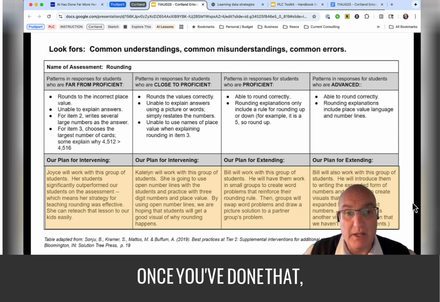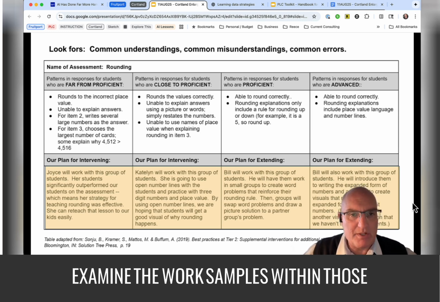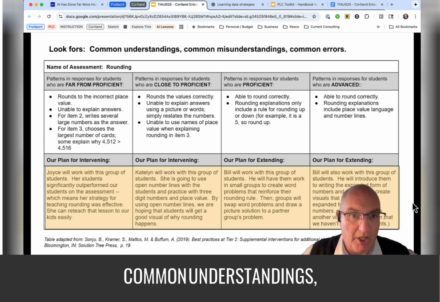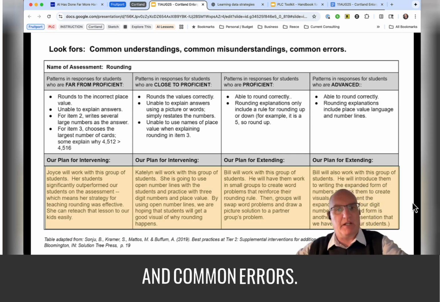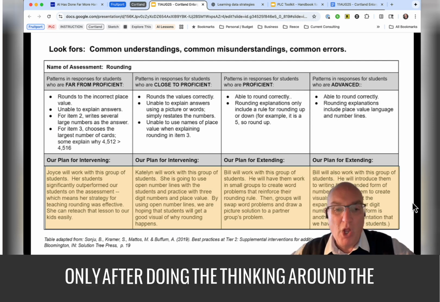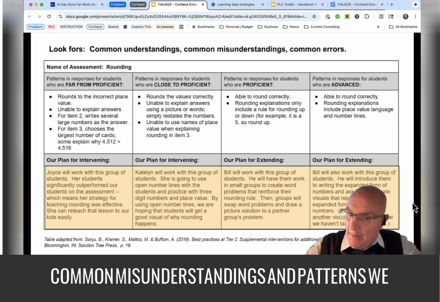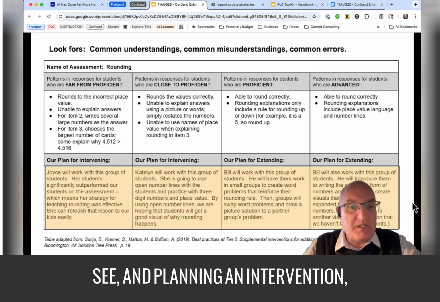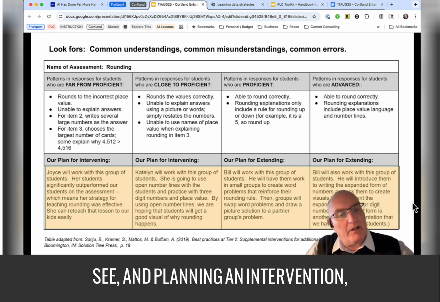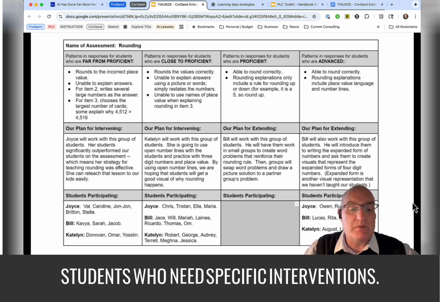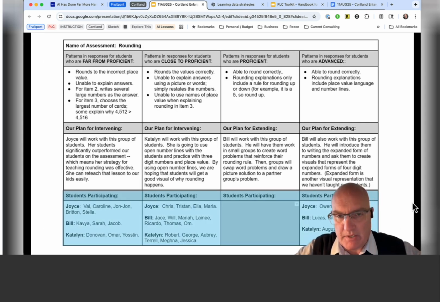Once you've done that, examine the work samples within those individual groups and look for common understandings, common misunderstandings, and common errors. Only after doing the thinking around the common misunderstandings and patterns we see and planning an intervention should we be talking about students who need specific interventions.